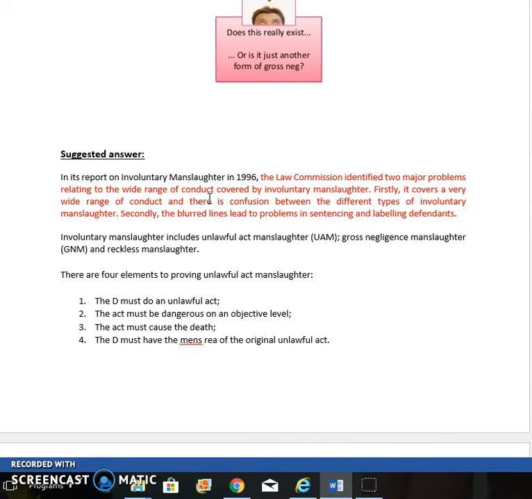And secondly, these blurred lines lead to problems in sentencing and in labelling defendants. And that's something we've seen with the law on murder as well. The Law Commission are quite concerned about whether we are accurately labelling the culpability of defendants who have killed.